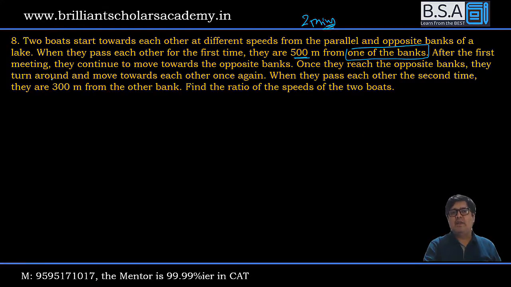After the first meeting, they continue to move towards the opposite banks. Once they reach opposite banks, they turn around and move towards each other once again. When they pass each other the second time, they are 300 meters from the other bank. Find the ratio of speeds of these two boats.